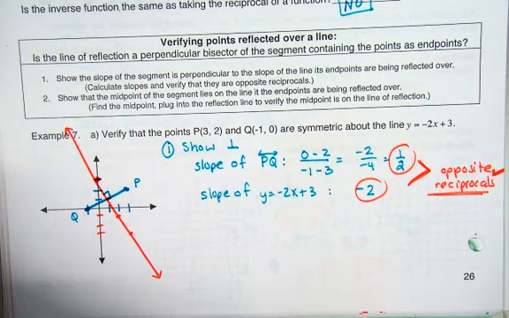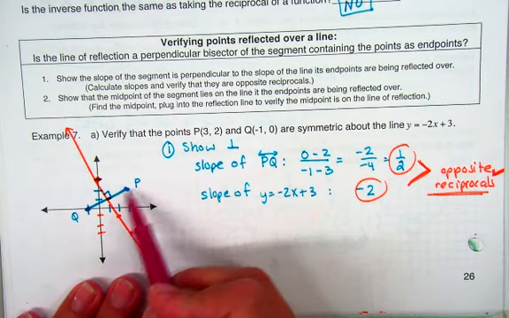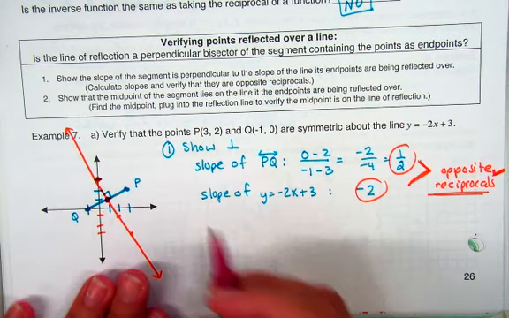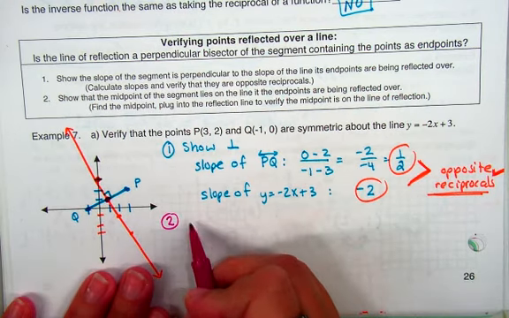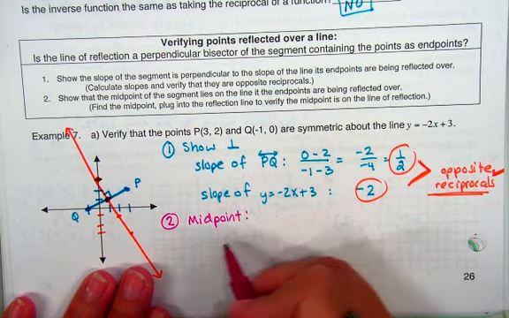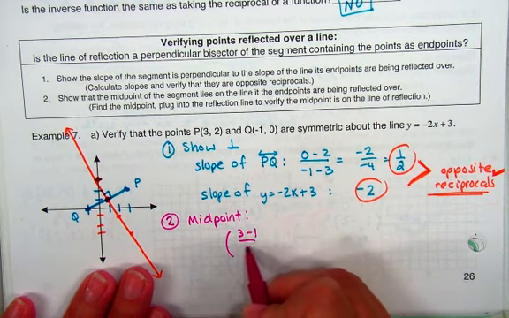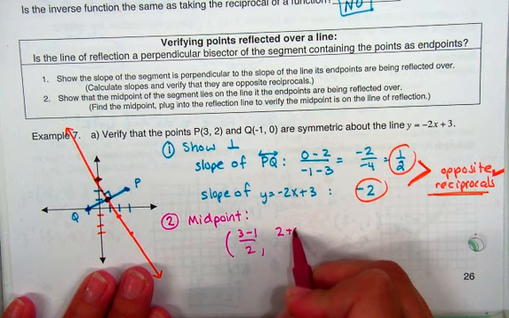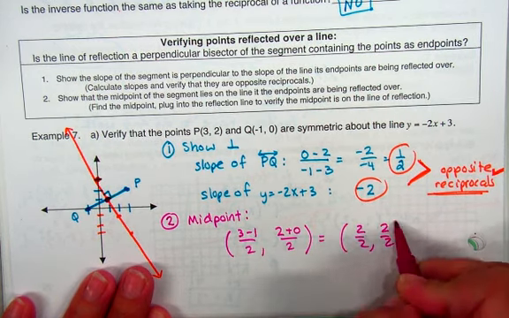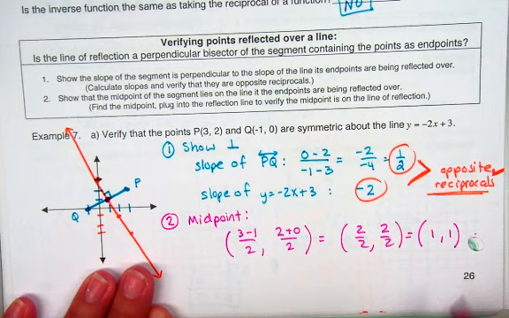Okay, step 2. Show that the midpoint of this segment does indeed lie on that line. Okay? So here's step 2. So let's find the midpoint. And so the midpoint would just be 3 minus 1 over 2 and 2 plus 0 over 2. So my midpoint is 1, 1.